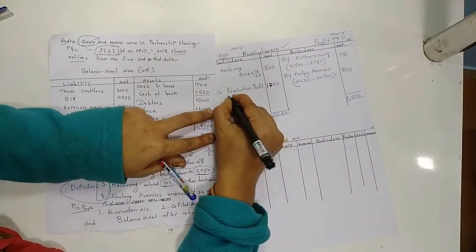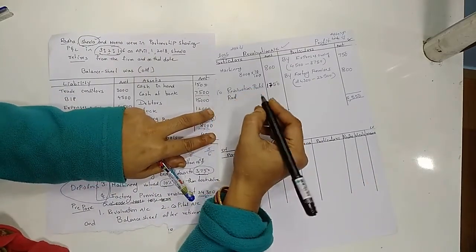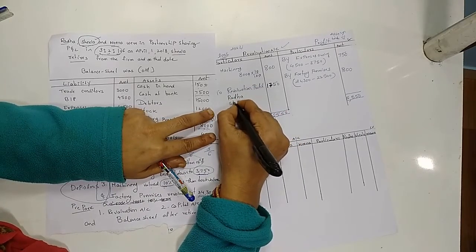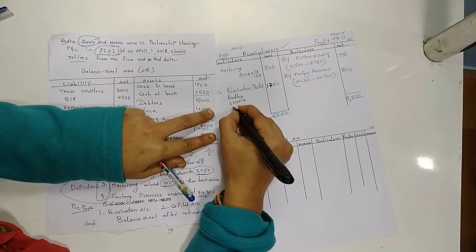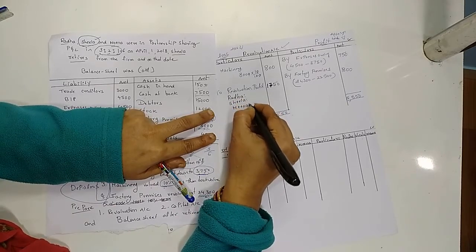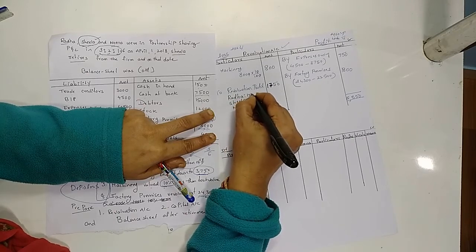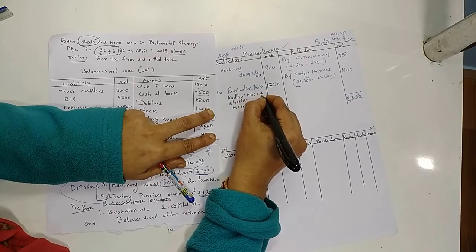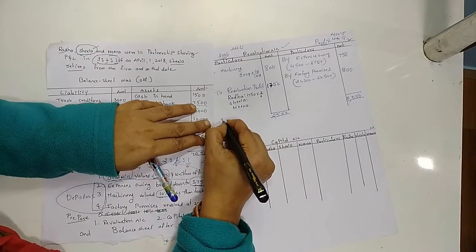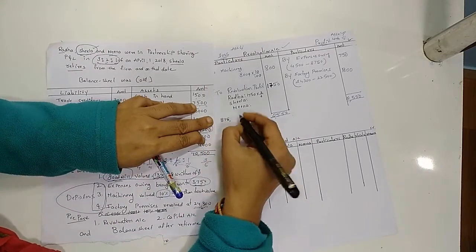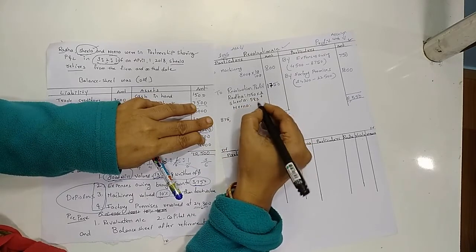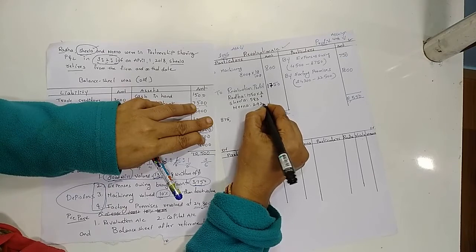First is Radha, 3/6, Sheila 2/6, and Meena 1/6. Sharing this 1,750: 3/6 comes to 875 for Radha, 583 for Sheila, 292 for Meena.